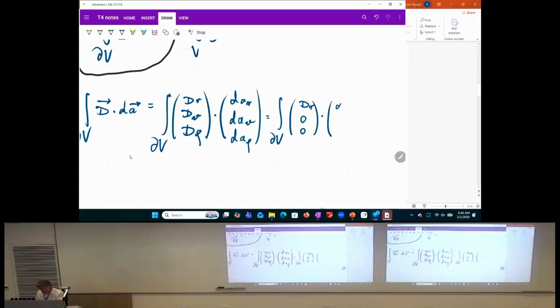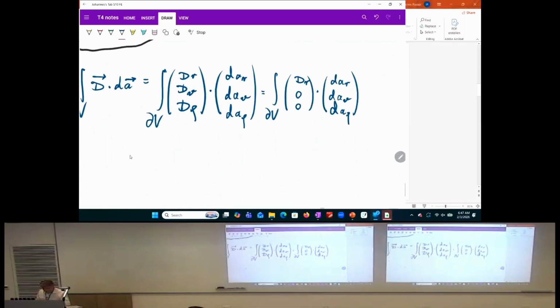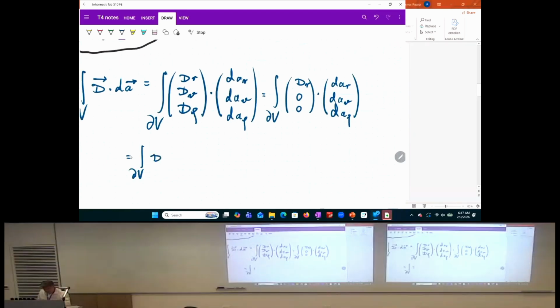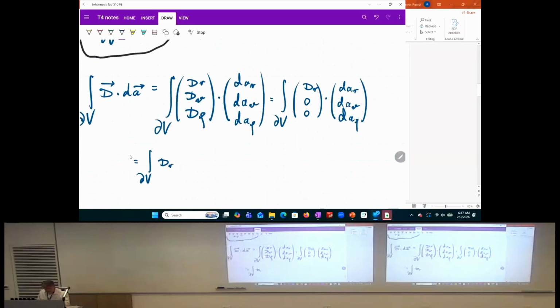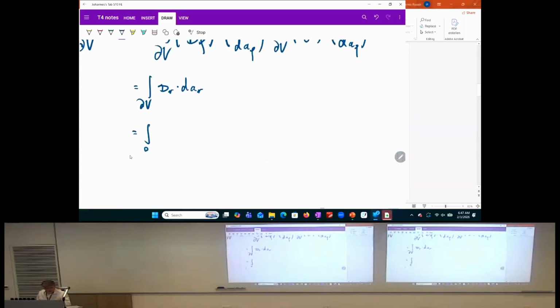And if you consider that you have to take a differential surface element, accounting for all those, then you notice that taking the inner product, only the first one yields a contribution. The dr remains here. And now we integrate over the radial component of the electric flux density.